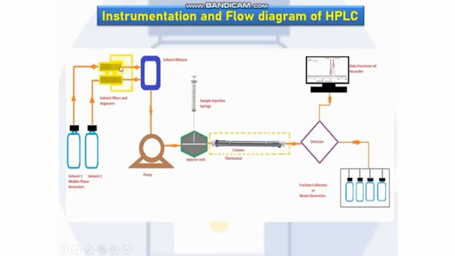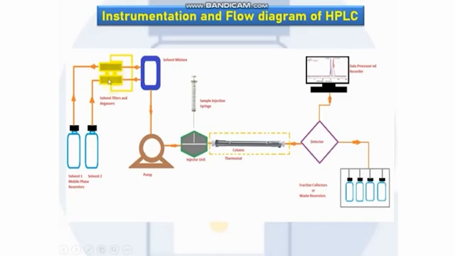That is, this solvent filter and degasser unit is used for the removal of dust and dissolved gas which is present in the mobile phase. Suppose we do not do this part, it would interfere with the performance of the column and detectors. So this solvent filtration and degassing is very important in HPLC.